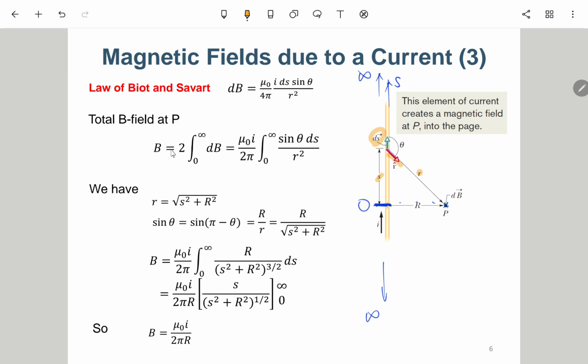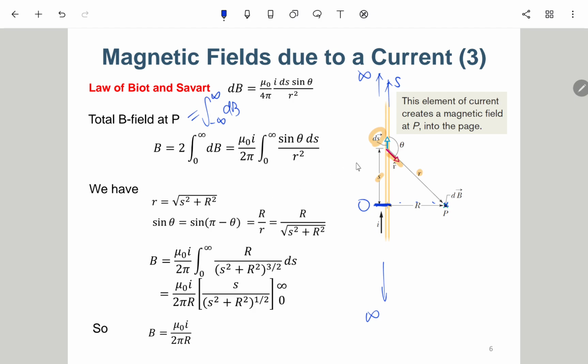Starting from here, the law of Biot-Savart is dB equals mu 0 over 4 pi I ds sine theta over R squared. Actually, B should be the integration of dB from negative infinity to infinity.